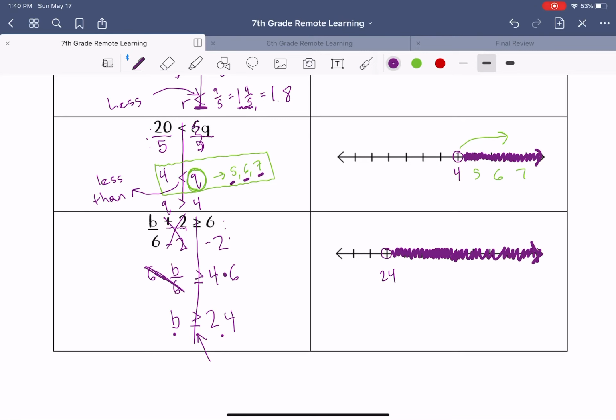And then I'm going to look at, okay, I have greater than or equal to, which means 24 is included in my solution. And so I will shade that in. And it's very clear that I have a closed circle. So I know that it's greater than or equal to.